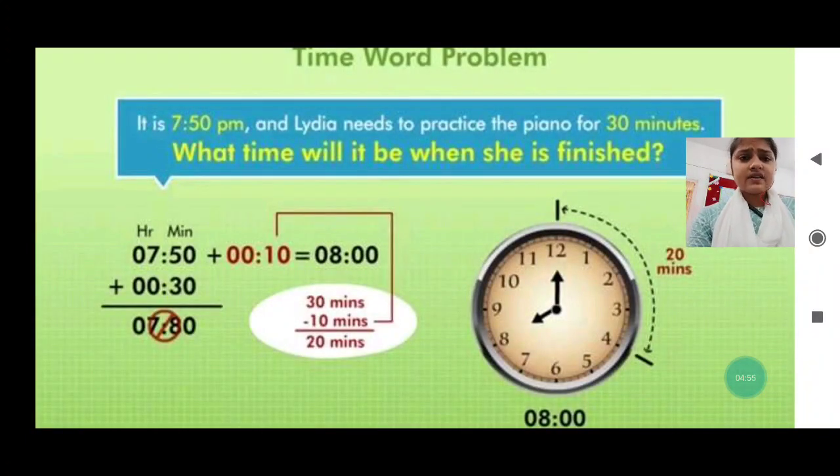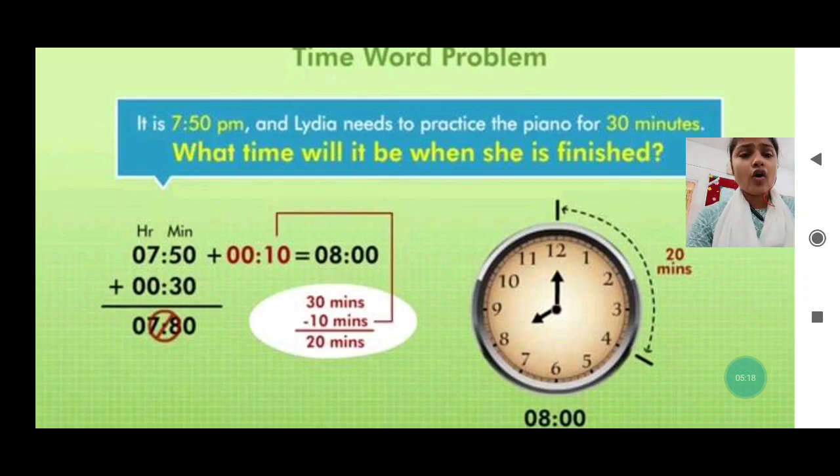See, it is 7:50 p.m. and Lydia needs to practice the piano for 30 minutes. What time will it be when she finishes? Right now the time is 7:50 and she practiced for 30 minutes.